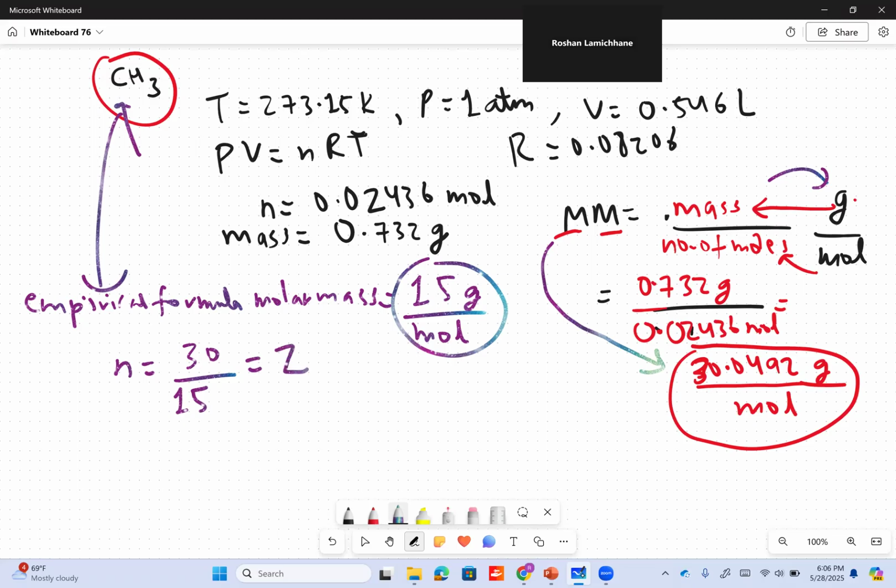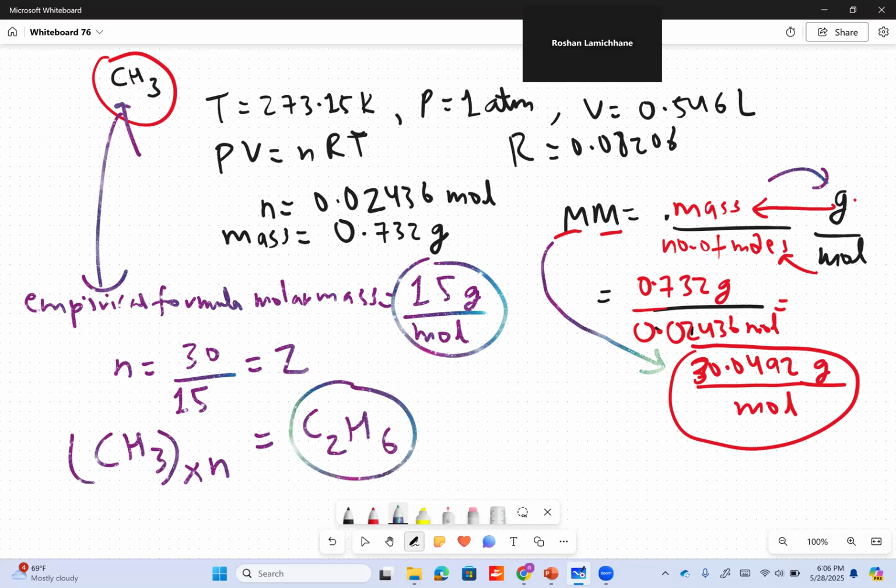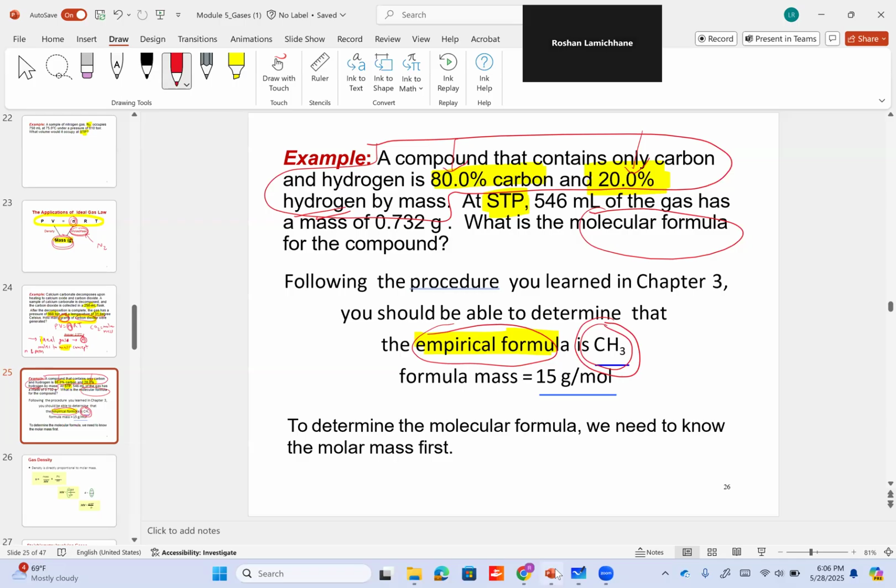The last step is to take that empirical formula and multiply it by our n, meaning that all the numerical subscripts are multiplied by 2. So that ends up being this gas. That means the gas that the question was talking about is C2H6. All right.